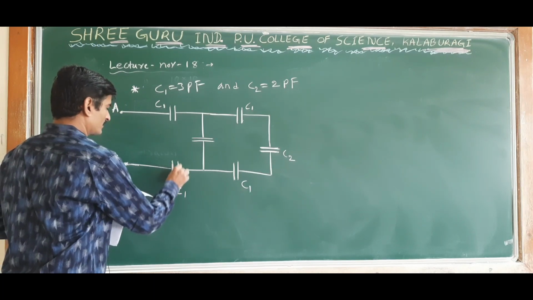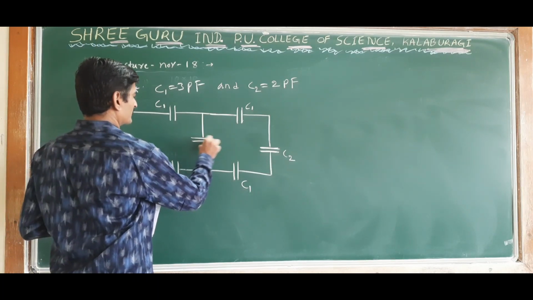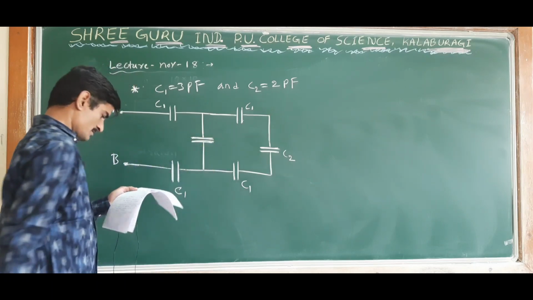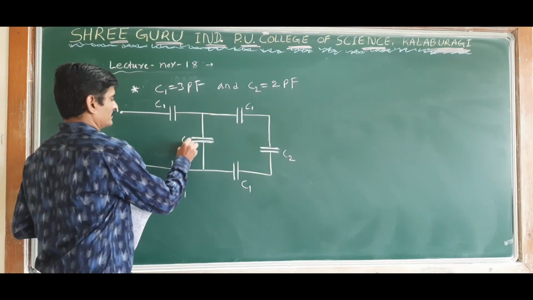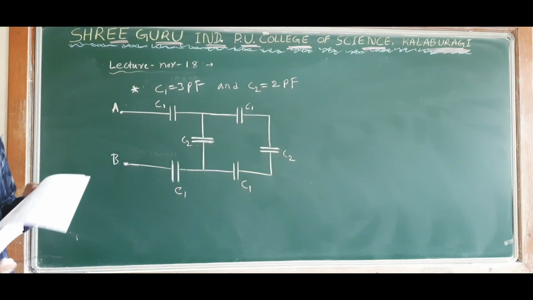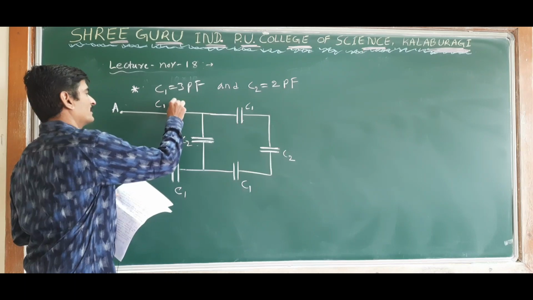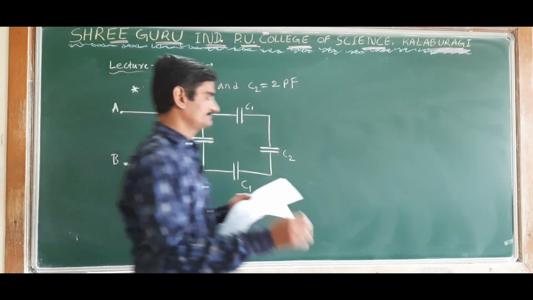All are capacitors only, no battery, and this one is C2. This is the given question, and the circuit is given like this.